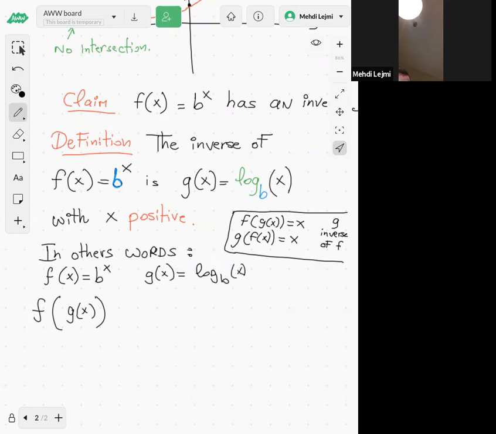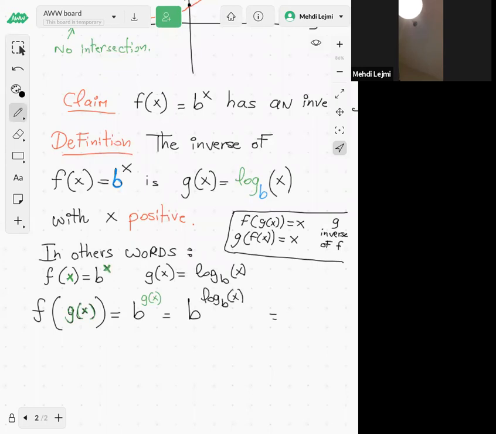Now, if you do f of g, you have to replace this x here with this g. So that'll be b to the g of x. So that will be equal to b to the power log in base b of x.